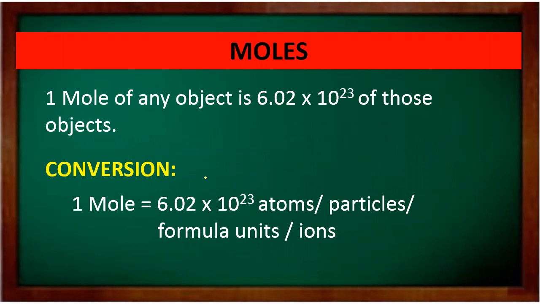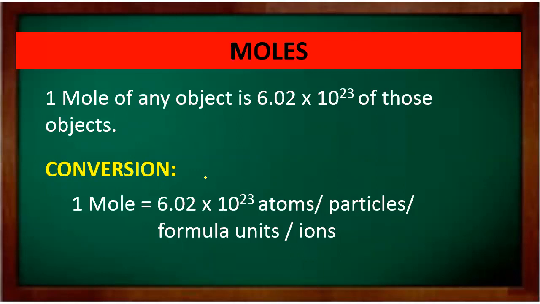23 of those objects. So if we want to convert from moles to atoms, gagamitin po natin tong value na to na Avogadro's number. If we want to convert also particles to moles, pwede din po, or moles to formula units or moles to ions. So ito po yung gagamitin natin na conversion factor, yung Avogadro's number.